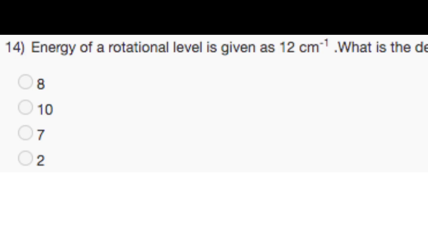The next question: the energy of a rotational level is given as 12 centimeter inverse. What is the degeneracy? How can we calculate this? Okay, what is the degeneracy then? Can you calculate this?